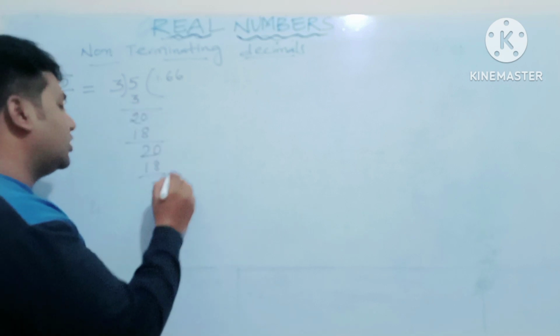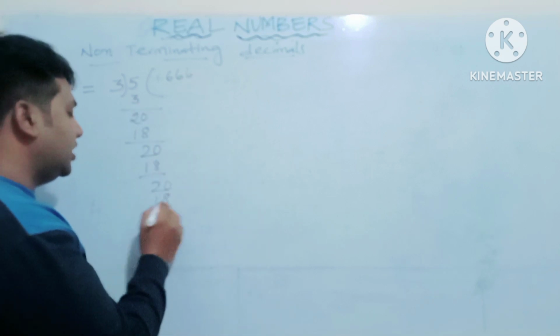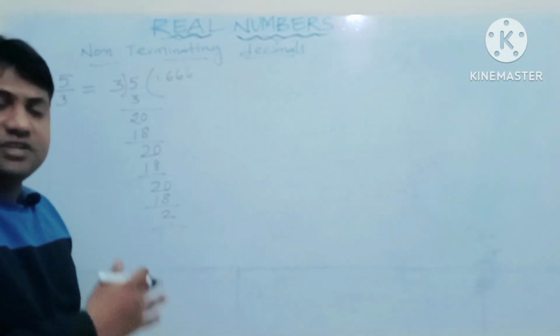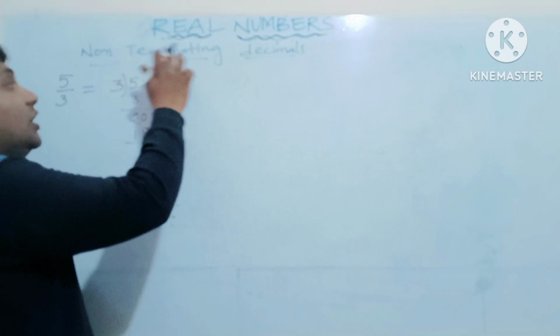And here one more time. 3 6s are 18, and the remainder is 2. In this way the division continues, and it is non-terminating.